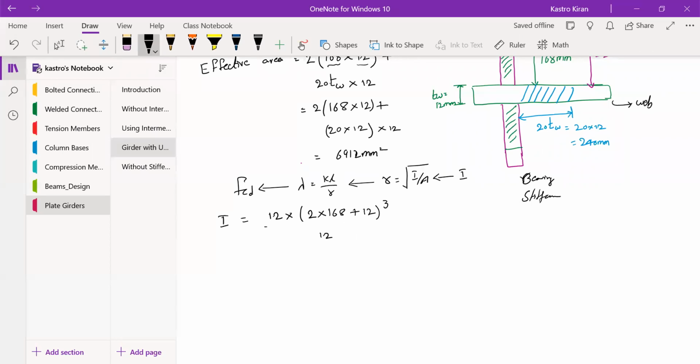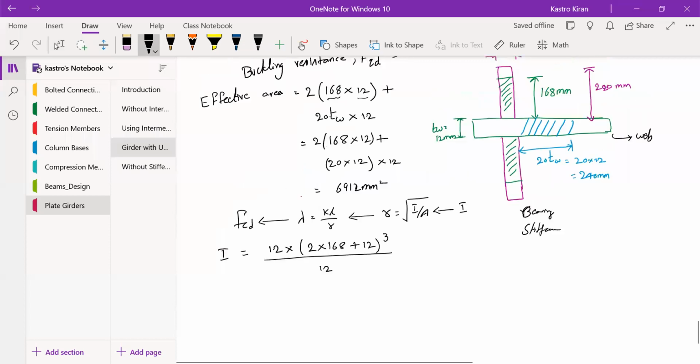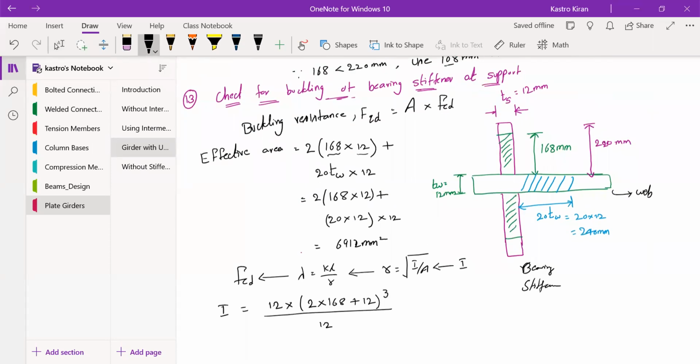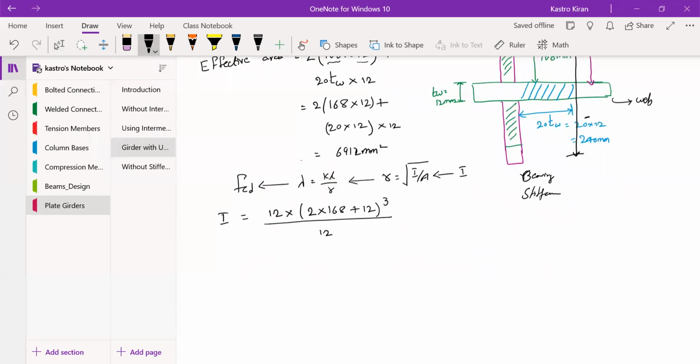This 12 is the thickness of the web. So what exactly you're doing is calculating the total distance from here up to here. You have 168 here and also 168 here, plus the thickness of the web. So that's how 2 times 168 plus 12 has come.